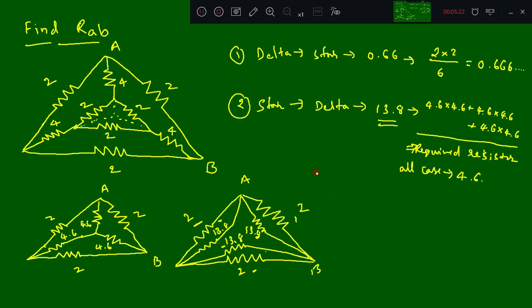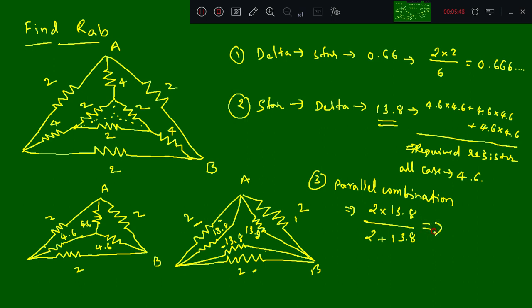That reduction you will get as parallel combinations: product 2 into 13.8 divided by 2 plus 13.8. This value you will get as some 1.74 ohms. All the values are in ohms.